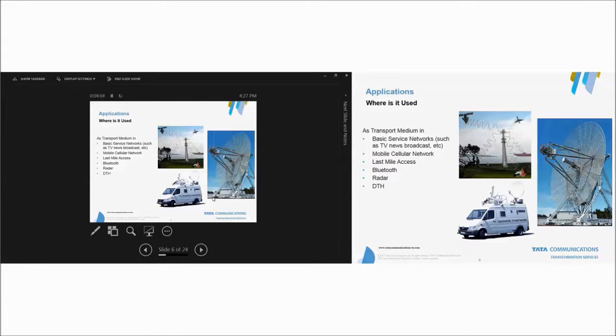Where it is applied: as you can see, microwave transmission is used as a transport medium in basic service networks such as TV broadcast. Hope most of us are cricket lovers, and there is IPL 7 in progress, and we will be following.